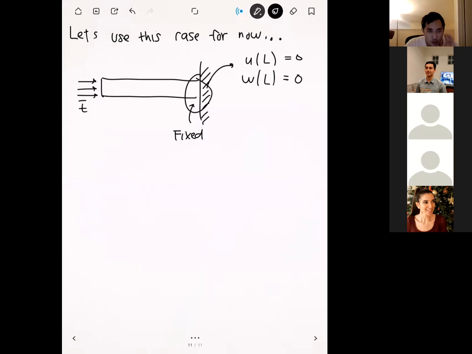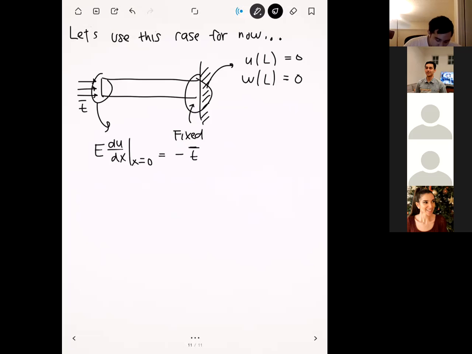So let's remember that as we evaluate that term. And then our other boundary condition over here is E times du dx at x is equal to 0 is equal to minus t bar, where we use a minus because it's a compressive force.